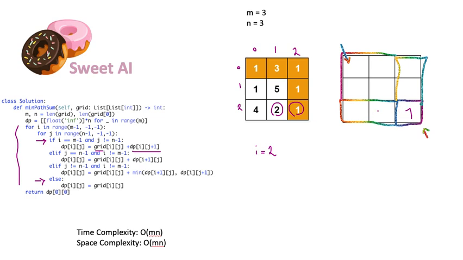So 2 plus 1 is going to be 3, and now i is 2 and j is 0. So what we are going to do, we are going to put this value plus 3 is going to be 7 here. We are going to put 7 here.